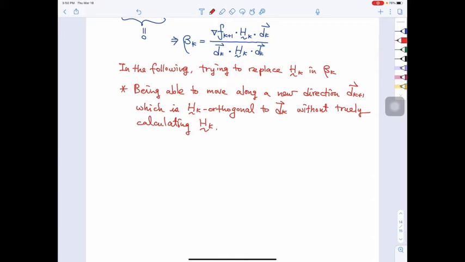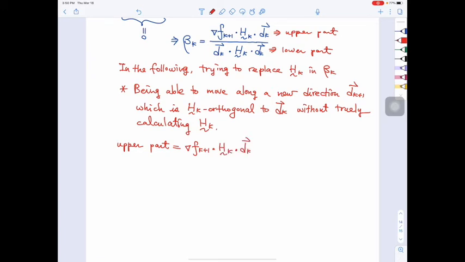Now, when we try to replace all the Hessian in beta, we are going to talk about the upper part and the lower part of beta separately. Now we talk about the upper part. The upper part equals gradient k plus 1 dot Hessian k dot dk.